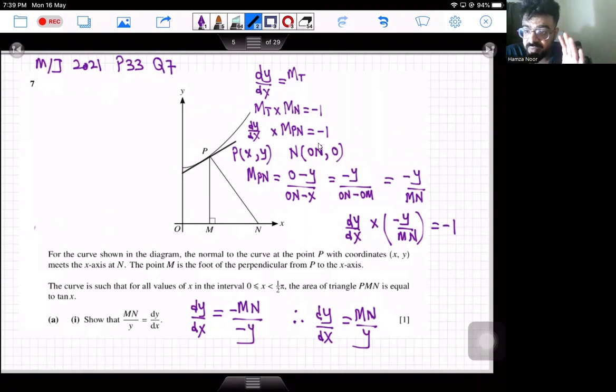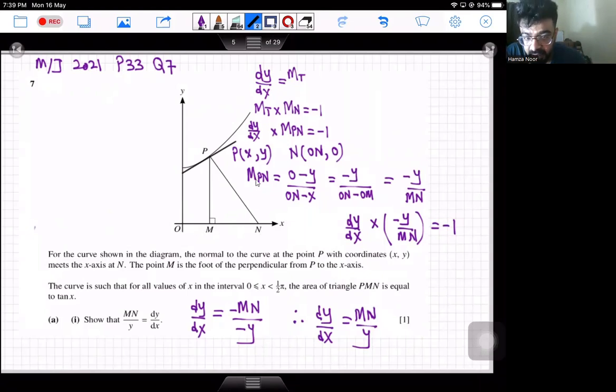First of all, we are going to find the gradient of this straight line PN. One point we have is P, which is x, y, and the other point is N, which is ON, 0, because this point N is lying on the x-axis, so the y coordinate is 0, and the x coordinate is ON.